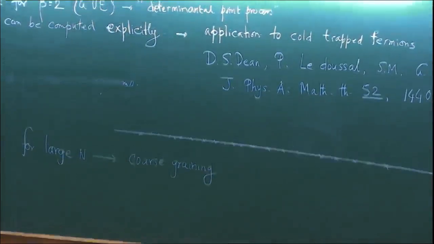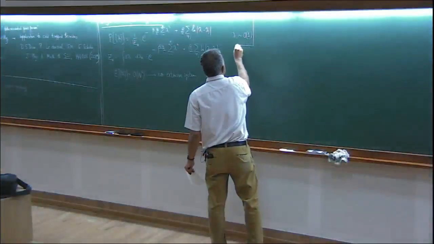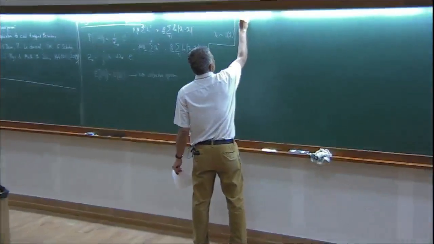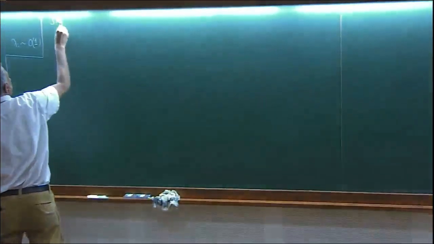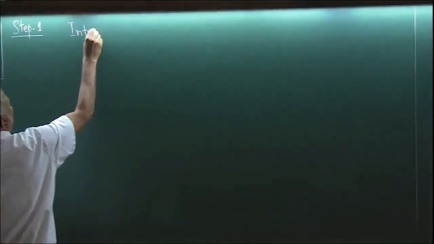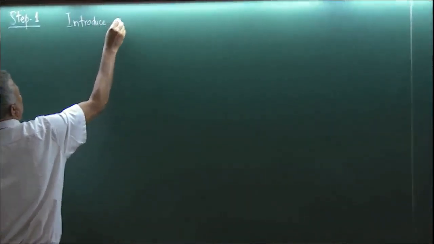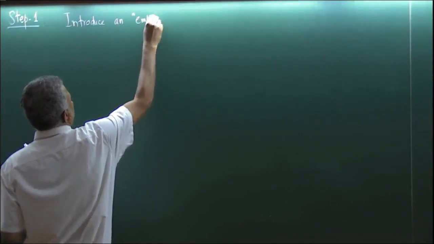So how do you do the coarse graining? The appropriate way is, step 1, I'll do it step by step, to introduce the so-called empirical density. I'll tell you what this means.